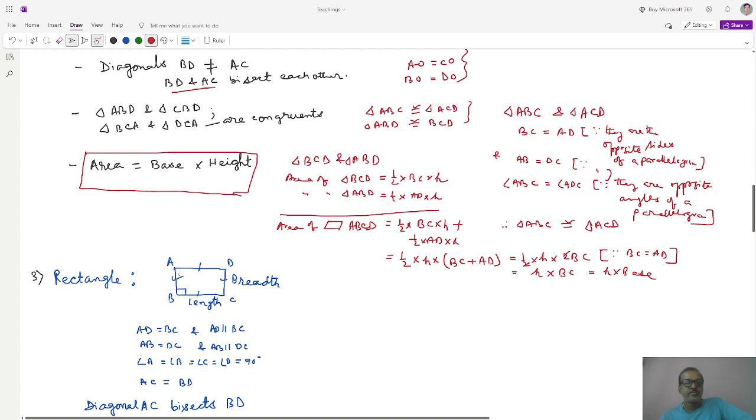And there are two diagonals, AC and BD, which are equal and intersect each other at O. They also bisect each other.